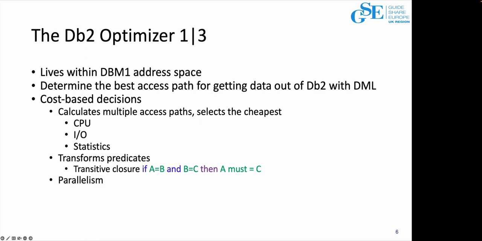The optimizer can do some clever things. It can transform some predicates to make them more efficient, but it can't fix absolutely everything. We still need to do our best to provide DB2 with some half-decent SQL. You've probably experienced for yourselves and pulled your hair out over SQL that's been generated by tools or an application, or has been optimized maybe for a different RDBMS.